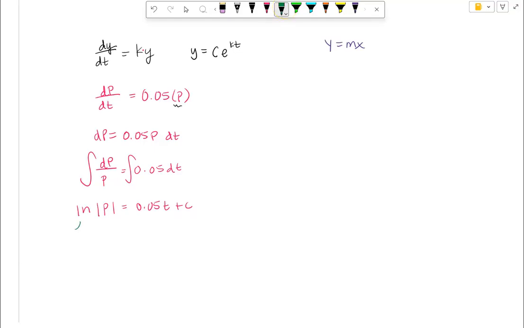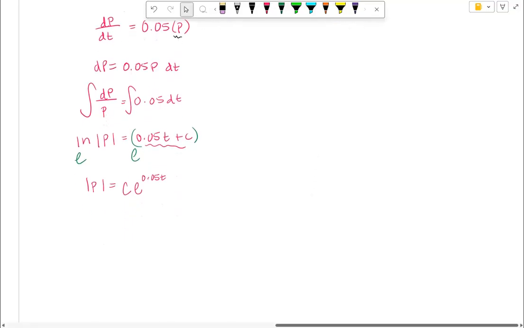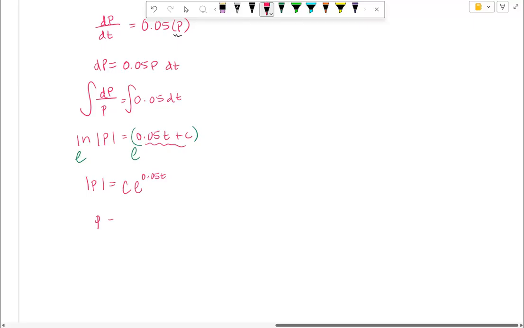As we go to solve this, when we exponentiate both sides, I'm going to get the absolute value of P equals, using my exponent properties, e to the C times e to the 0.05t, which is the same as C e to the 0.05t. Because we haven't actually found C yet, we could drop our absolute value here because we don't know if our unknown constant is positive or negative. We would find out if we ever plugged in an initial condition.